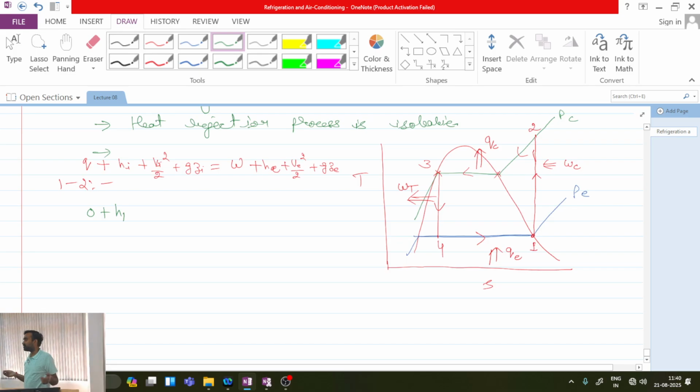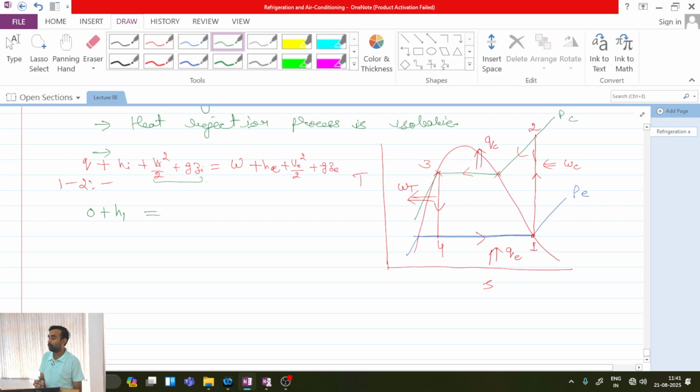If I make assumption that inlet pipe of the evaporator and inlet pipe of the compressor and outlet pipe of the compressor have almost same size, or their size are changed in proportion so that their velocity at inlet and outlet are same, then changes in potential and kinetic energy can be neglected. Normally their magnitude is very small in comparison to the change in enthalpy, so these are mostly neglected. Okay, so that's why I can simply write this term equal to 0.